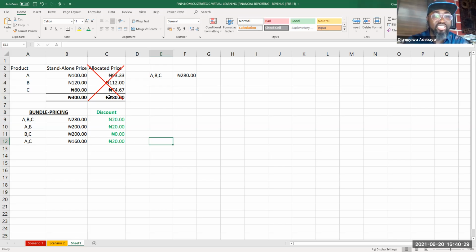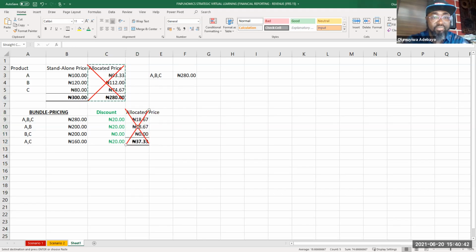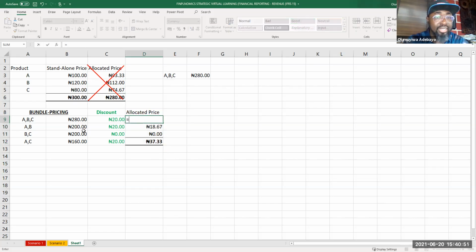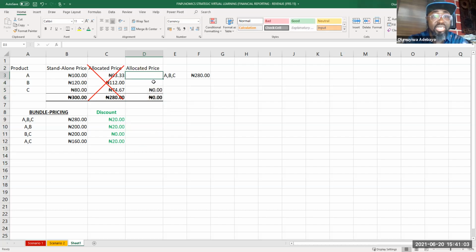Which then means that if I'm to allocate this 280, 20 will be taken out of A. My allocation will now be, look at it, 100 minus 20, which is a common factor.